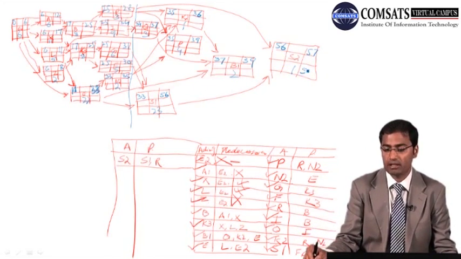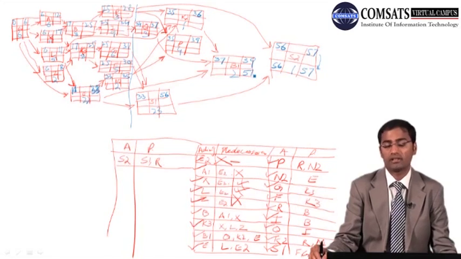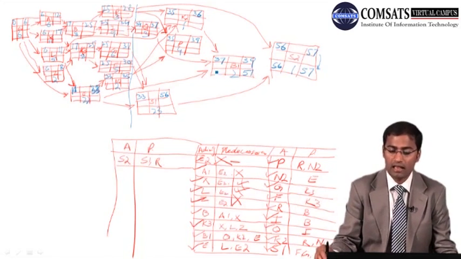Let's do the backward pass. We put 57 over there, and that is the maximum, so we are not going to transfer that, but 57 minus 2 is 55.